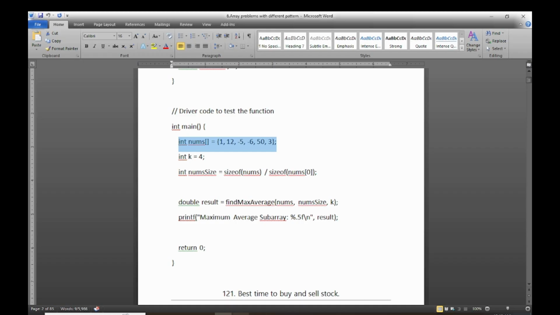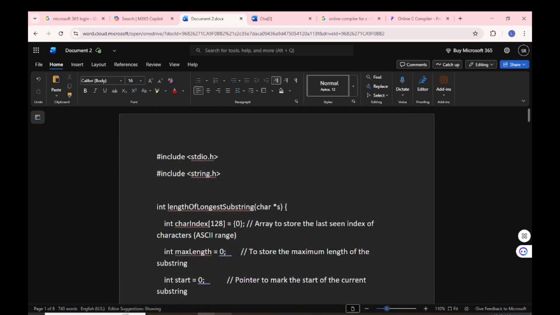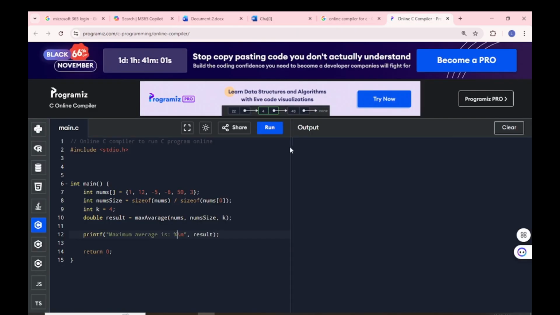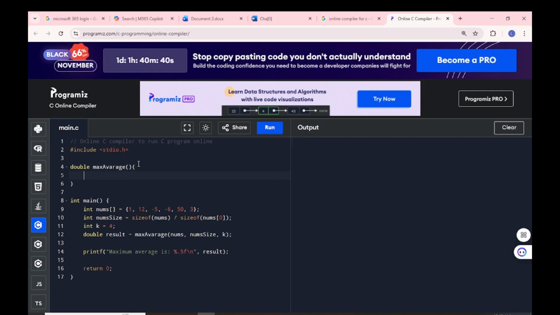Okay, percentage 0.5. We will try to not to loop.